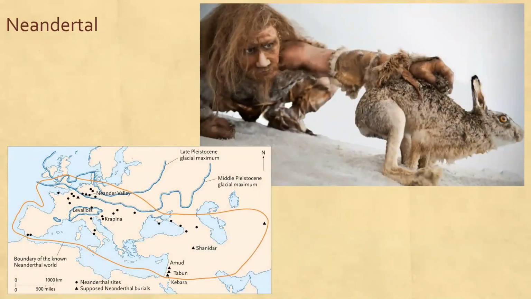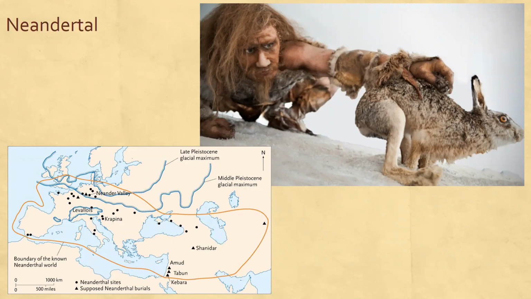So Neanderthals spread into Europe and did quite well. Here's a map of Neanderthal sites, in circles, and the triangles are locations of suspected Neanderthal burials. And you can see here the extent of the late Pleistocene glacial maximum ice sheet and the Middle Pleistocene glacial maximum ice sheets.